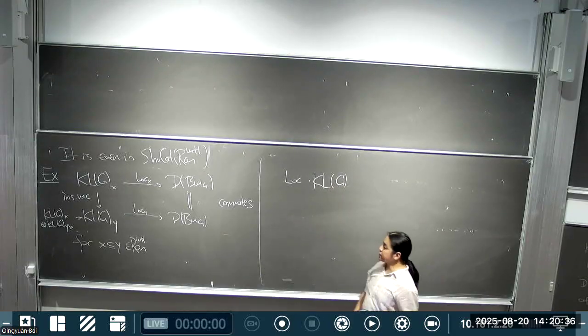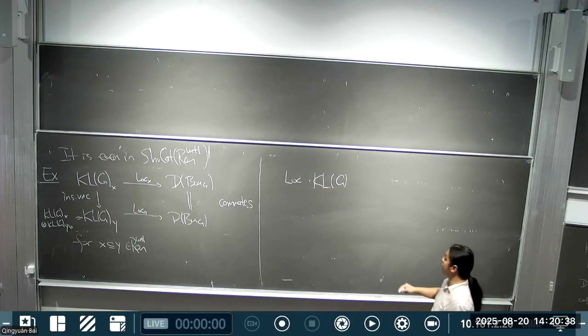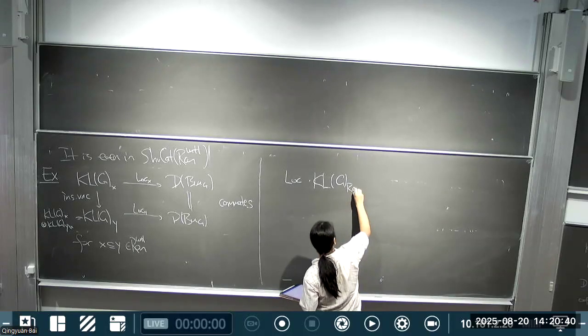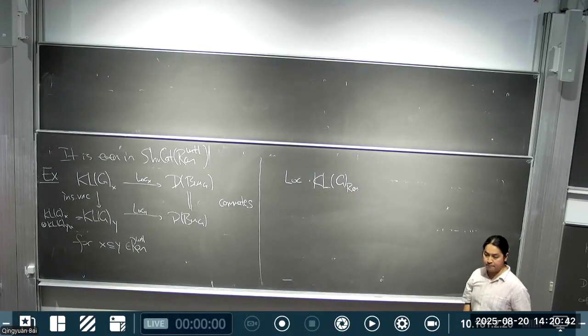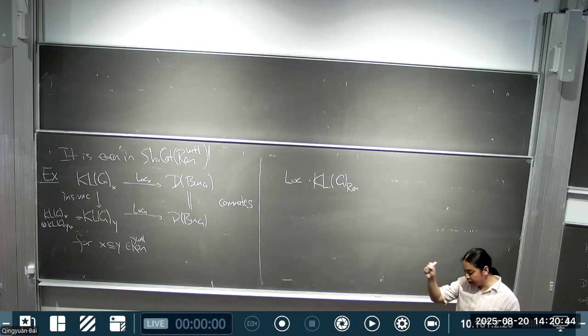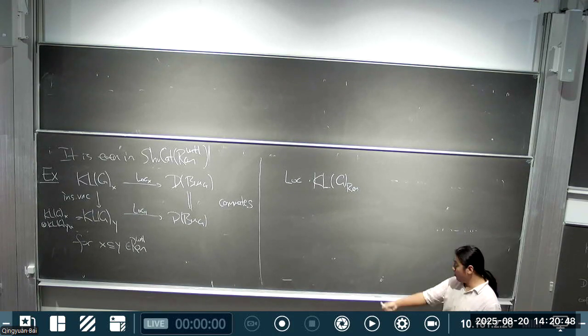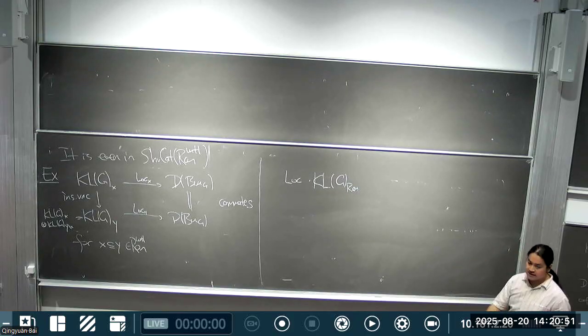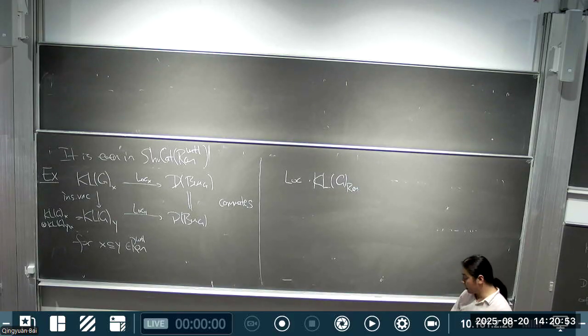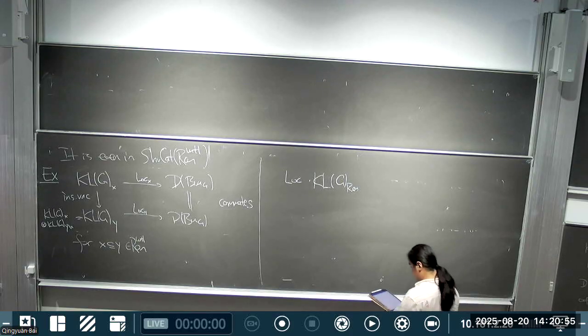You look at the source and you take its global section on Ran, which is some category denoted by KOG Ran. It just means at any point of this Ran, you should provide a module inside this KOG, and they should depend algebraically on these points.